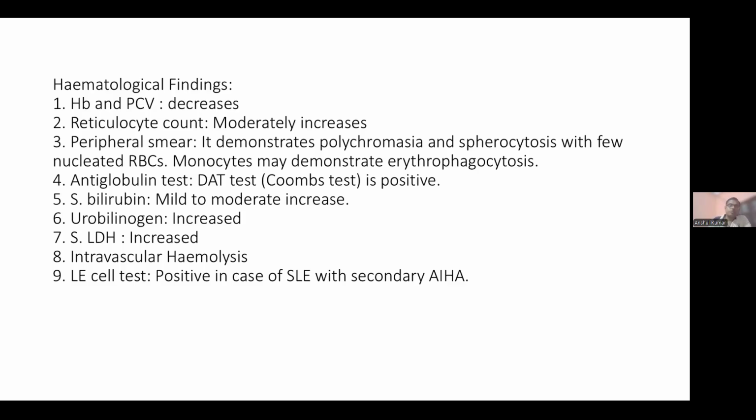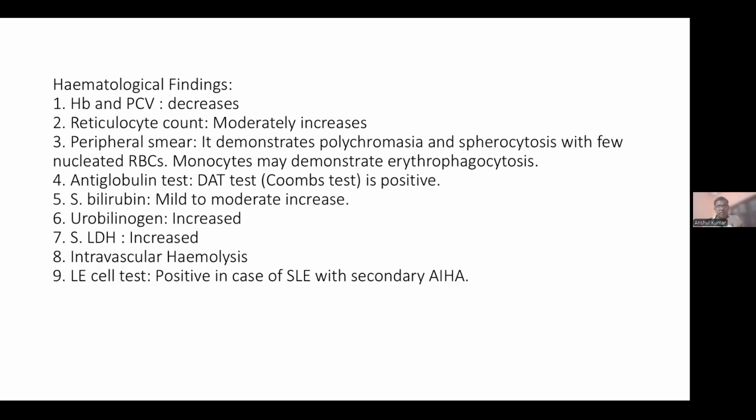Next, the peripheral smear demonstrates polychromasia. If the reticulocyte count increases, polychromasia will be there, along with spherocytosis and a few nucleated RBCs. Nucleated RBCs mean that immature red blood cells are more in the peripheral smear.